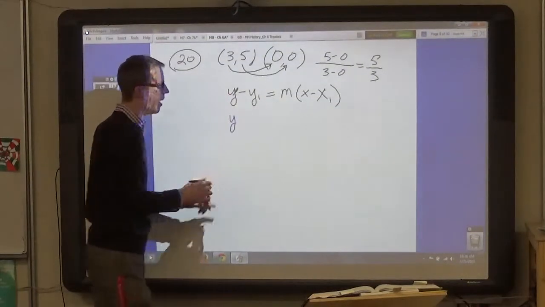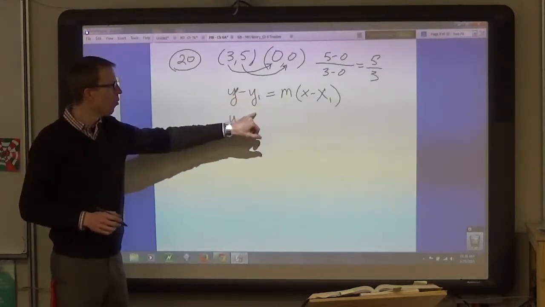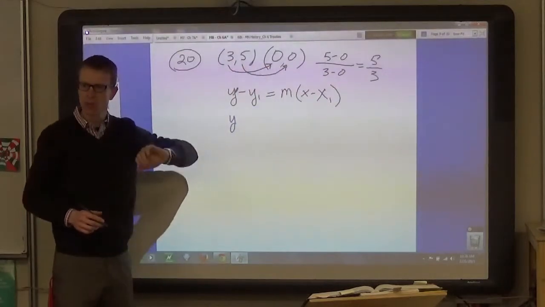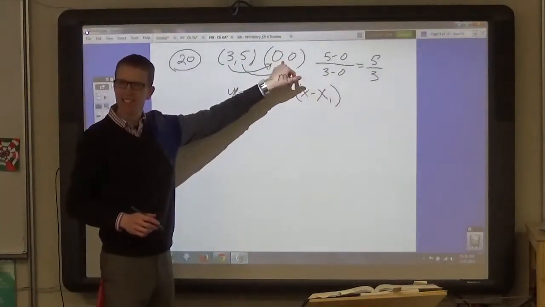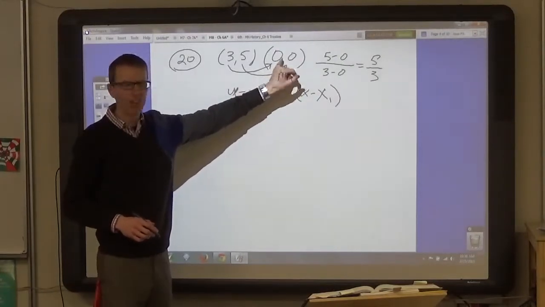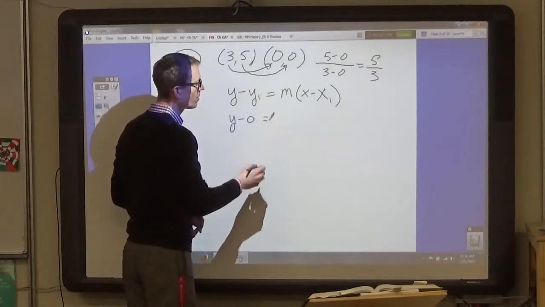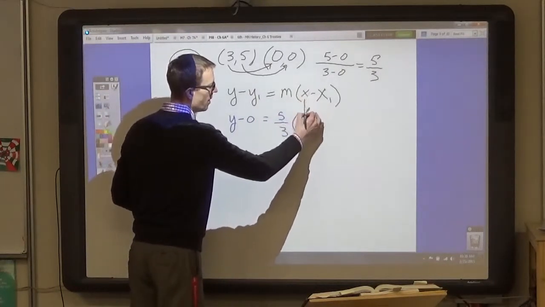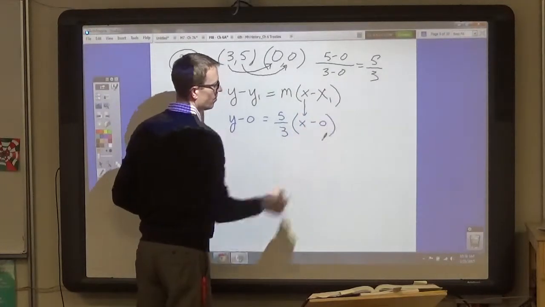This is just y, so we leave it as y. y1 is one of the y's from one of the points that we choose. Let's choose the zeros, because that's easy to multiply and divide, right?